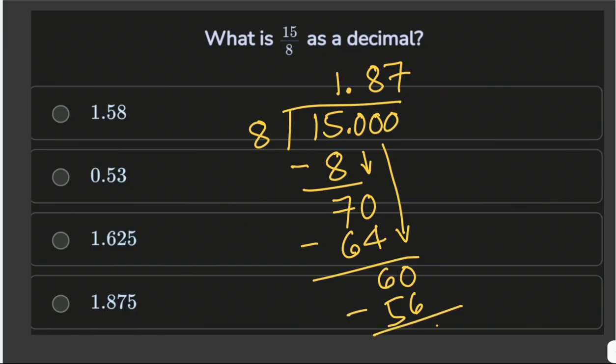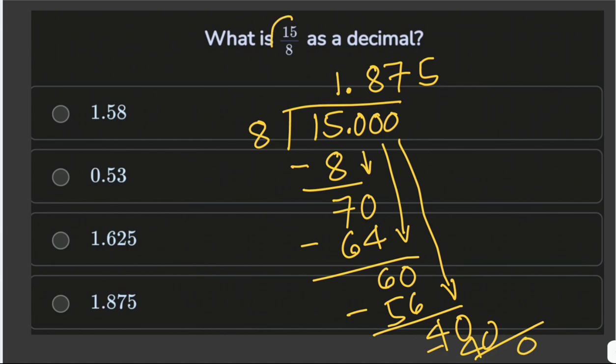Then 60 minus 56 is 4. 4 cannot be divided by 8, so we need another 0 here. We drop down 0, and that would be 40. 40 divided by 8 is 5, and 5 times 8 is equal to 40. Now 40 minus 40 is equal to 0. Now we get a 0 remainder.